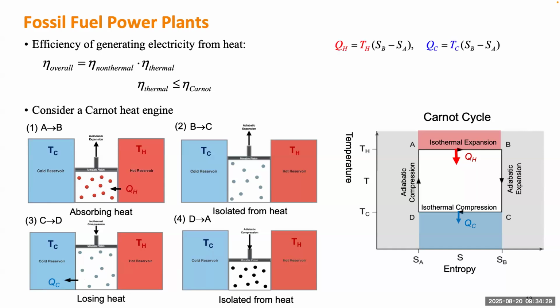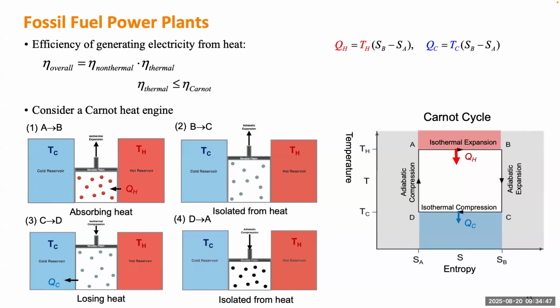But the net work this engine can do is the difference between the two heats. The first heat, based on this plane, equals the high temperature multiplied by the change of entropy.